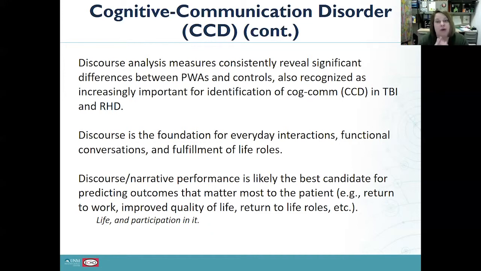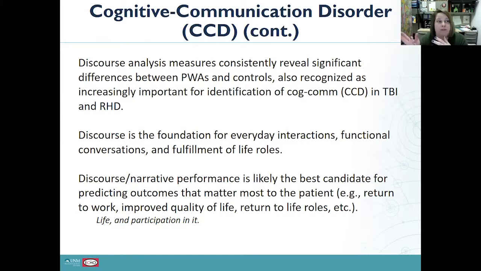What we do know is that discourse analysis measures consistently reveal significant differences between PWAs, that's persons with aphasia, and controls. And we are also recognizing that discourse analysis is increasingly important for being able to identify and create a treatment plan for people with cognitive communication disorder because of TBI, and in many cases, right hemisphere disorder as well.